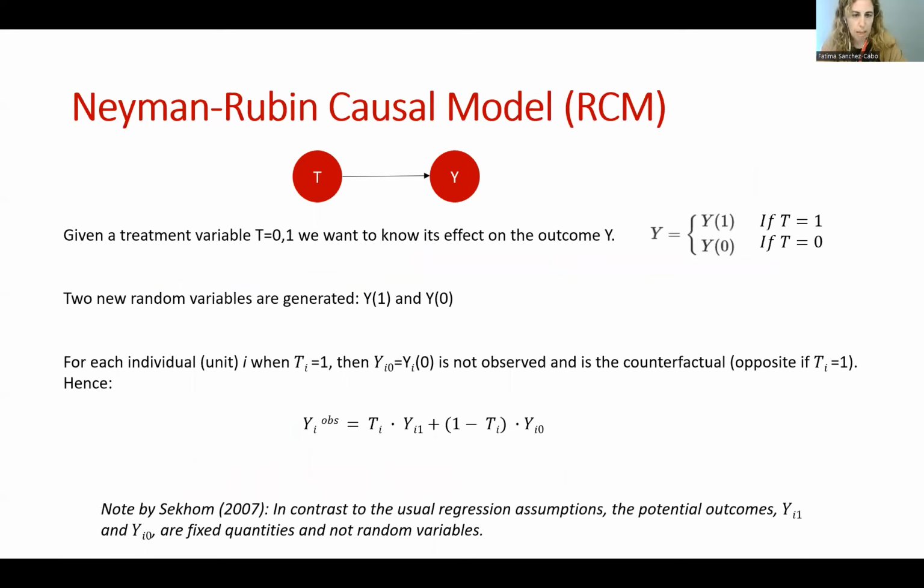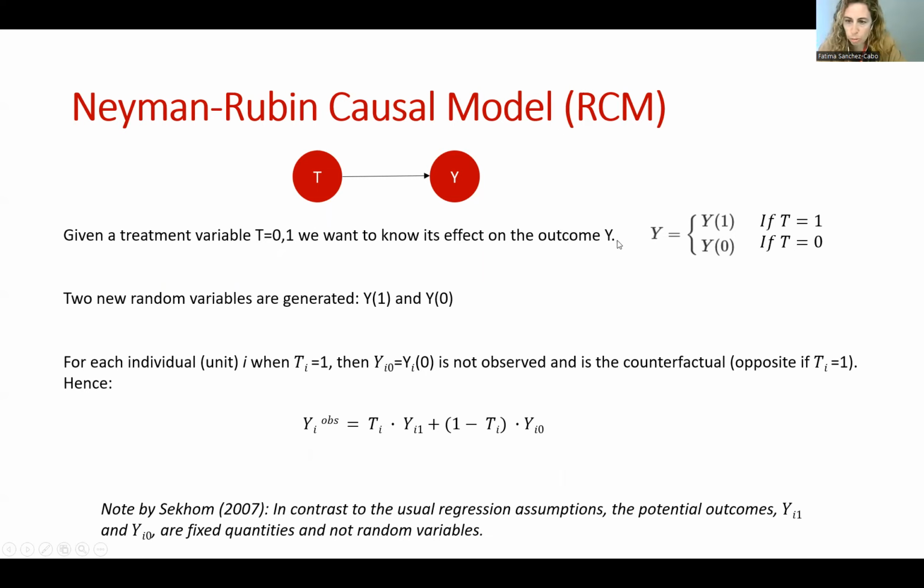So this is something you all know, but again, I need to put it in context a little bit for what I want to explain afterwards. Given a treatment T, in this case, for simplification, a binary variable that can take only two values, we want to know its effect on a given outcome.